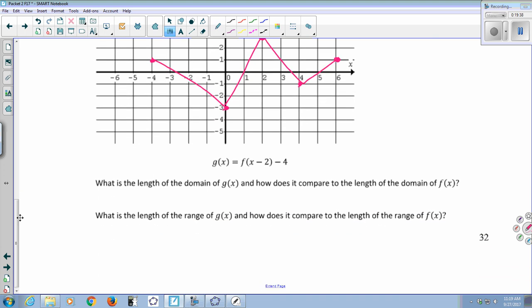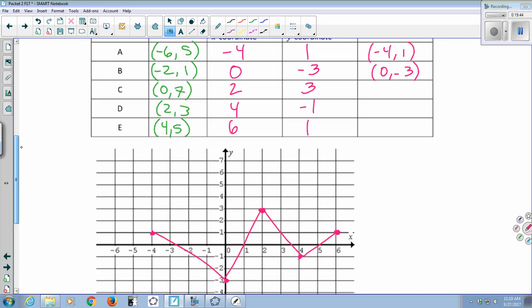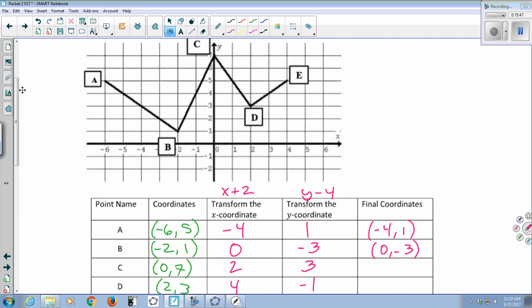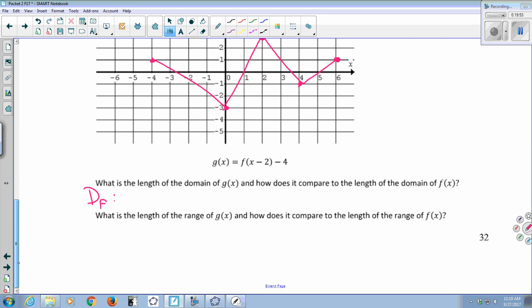All right, let's look at the domain of g and the domain of f. So the domain of f, go up to my original function f. The domain was -6 to 4, which had a length of 10.